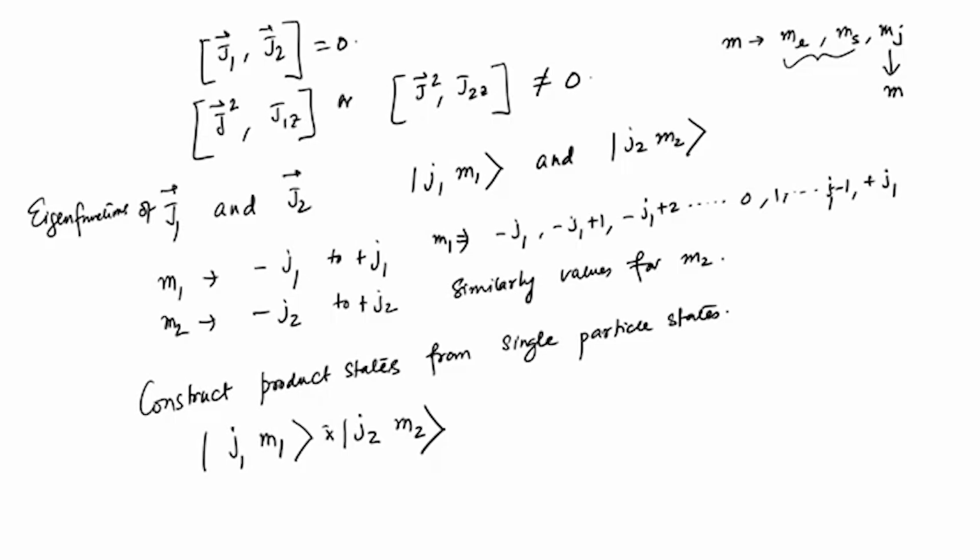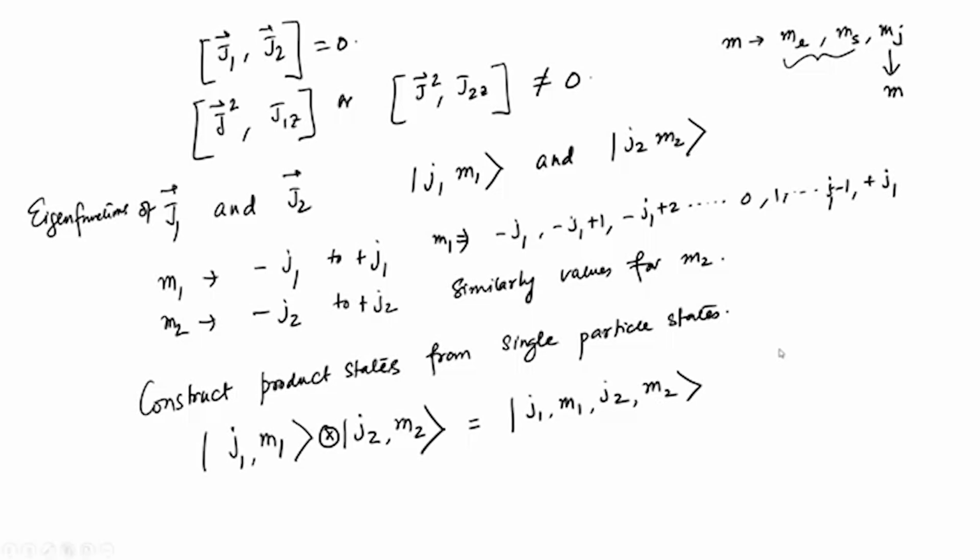There is a product, you can write it like this, and this can be written as a composite state, a product state, with a representation J1 M1 J2 M2. You can put a comma in between the indices on both sides. In fact, it is probably good to put a comma everywhere, so that we know that these are distinct indices, J1 M1 and J2 M2.